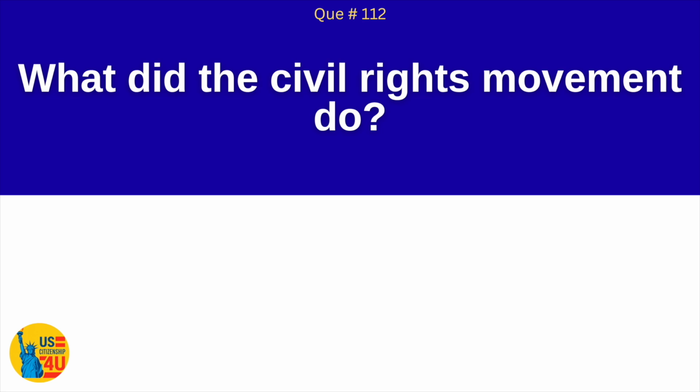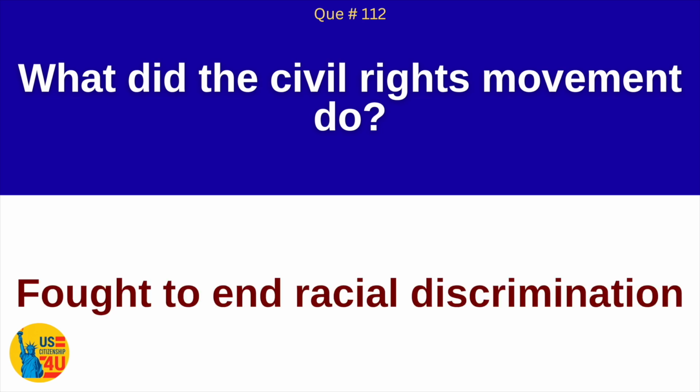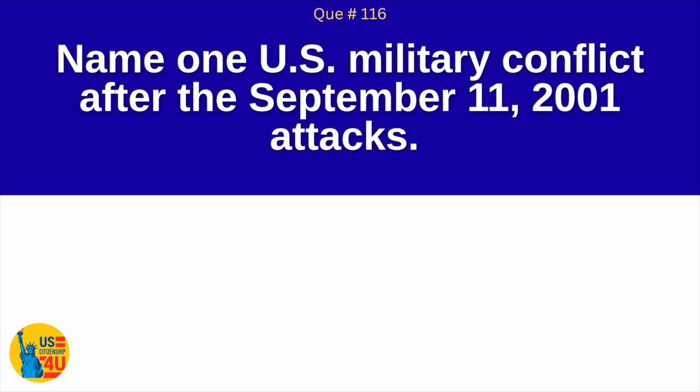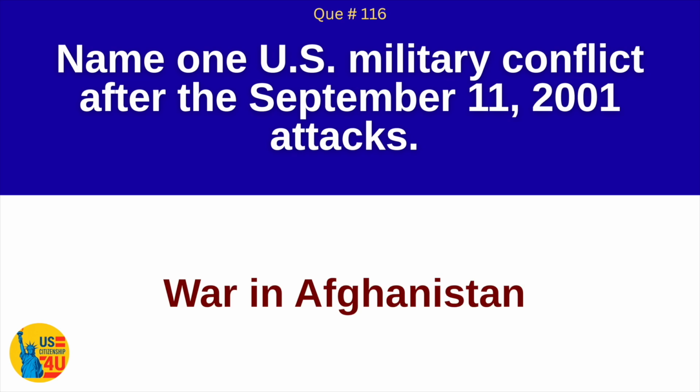What did the Civil Rights Movement do? Fought to end racial discrimination. Name one U.S. military conflict after the September 11, 2001 attacks. War in Afghanistan.